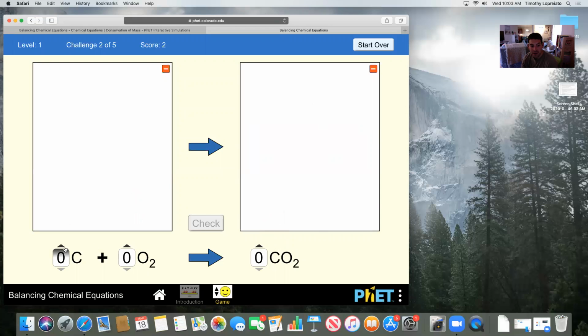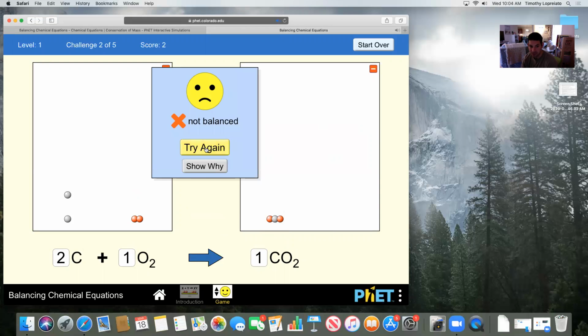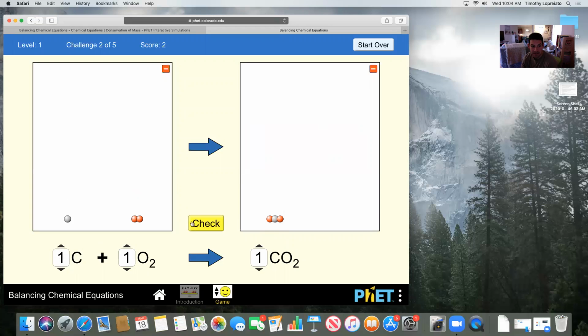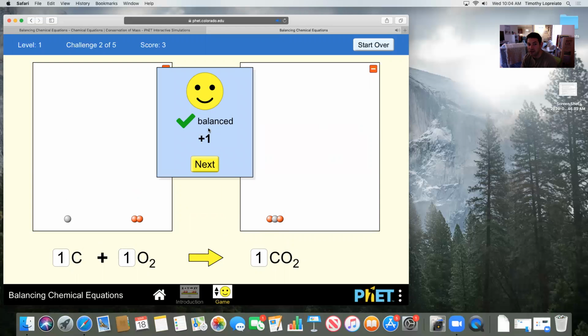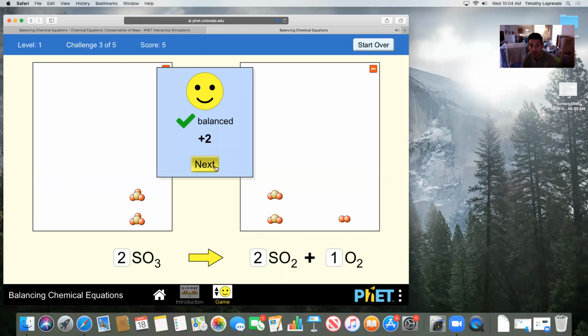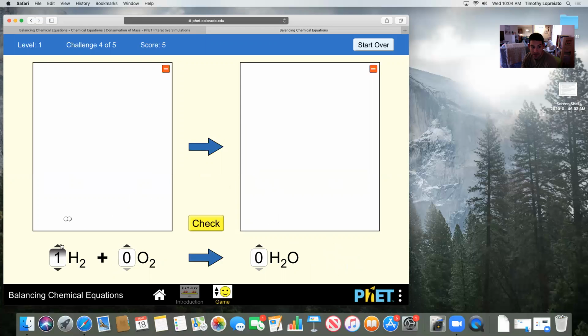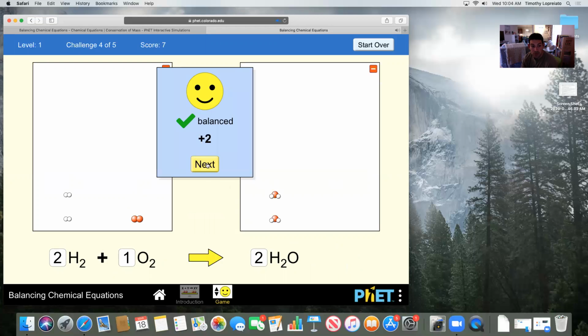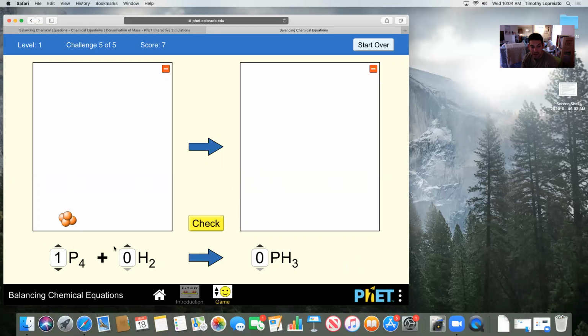If I do a reaction and I leave it unbalanced for some reason, I'll have to try again. All right. And then if I get it right, I get the +1. All right, so as I go through it, it's not all that difficult, but it's important that you try them out, right? And you want to get the highest score in each level.